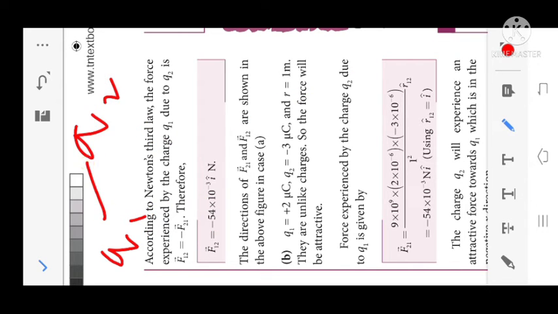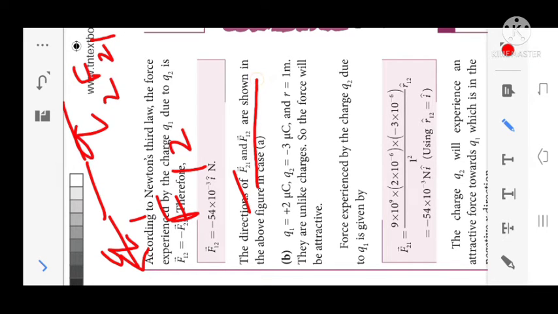Here this is our F21, and similarly this is our F12. These two are equal and opposite. In physics, opposite is denoted by this negative sign. That's why we have a negative sign here. The directions of F12 and F21 are also denoted in the figure.